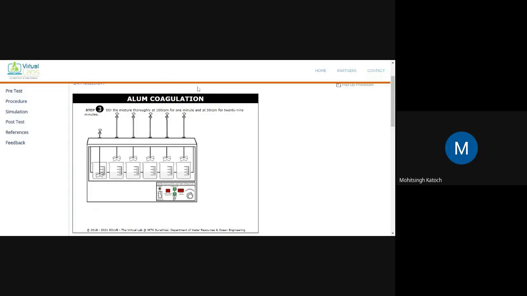Similarly, we lower the stirrers into all the remaining 5 beakers. Now our setup is ready. We click on the on button. Mains are on. This is the stirrer knob and RPM indicator. We set the speed at 100 RPM and the timer at 1 minute.